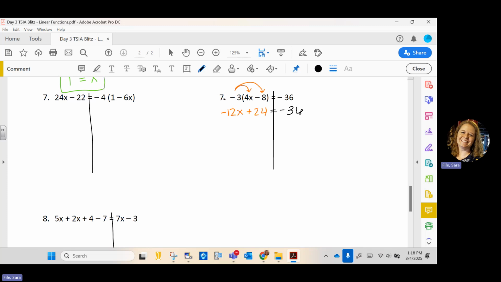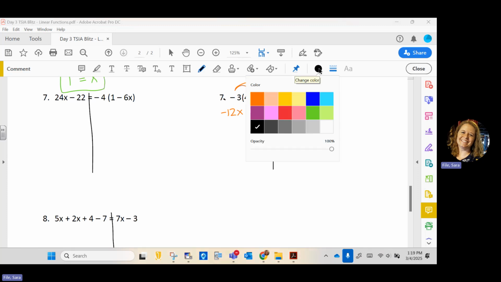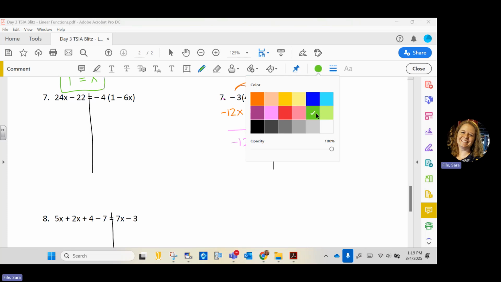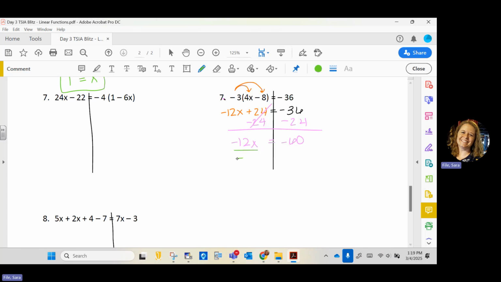The x's are only on the left, no x's to move, so I'm ready to move my constant, which is going to be to subtract 24. So that leaves me with -12x equals -60. And then I'm ready to divide out my coefficient of -12. I've got x alone, and it equals +5.